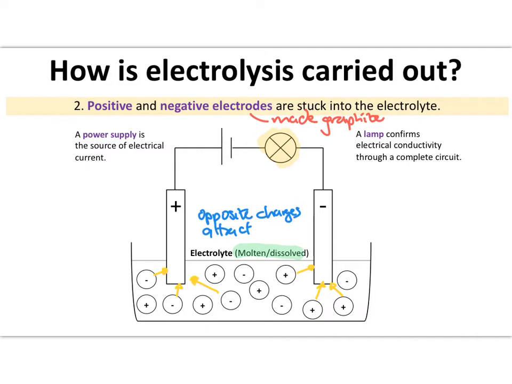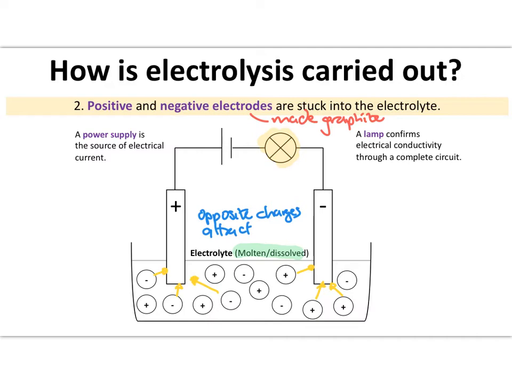And when they get to the electrode that they're attracted to, depending on whether they are the positively or negatively charged ions, they are either going to accept an electron or electrons, or lose an electron or electrons. And when that happens, we say they are discharged.